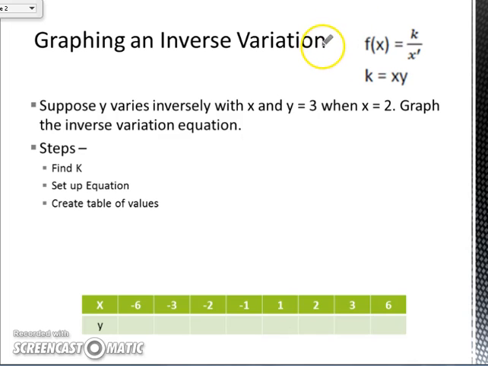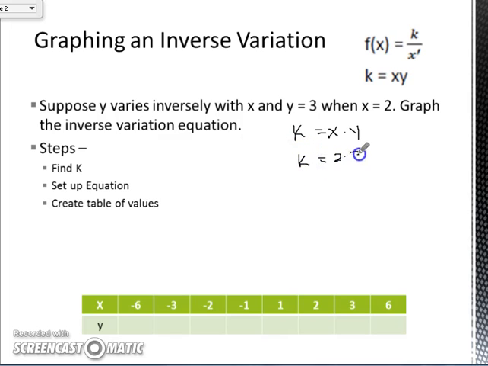And finally, we can also graph inverse variations. Remember, our graphs are going to be in 2 separate quadrants. So following these steps, we first want to figure out what the constant value is. We want to set up our inverse variation equation and then use the table of domain values, our inputs, to find our output, our y value, so that we can graph it. So if we first find k, we're multiplying our input times our output, so x times y.